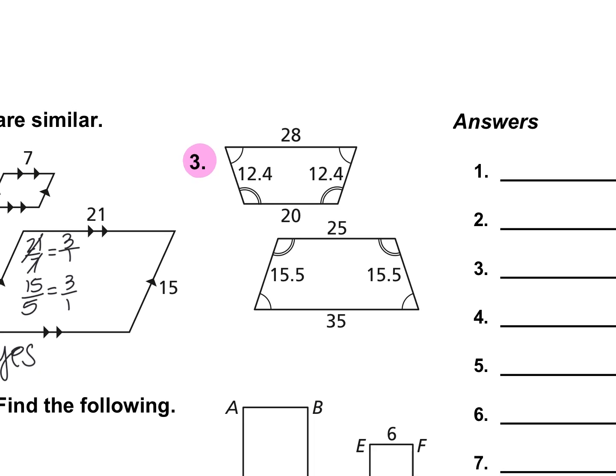I'm using my sides. So I have 28 over 35, and then I have 20 over 25. What's 28 over 35 simplify to? 4 over 5. And what about 20 over 25? So are these similar? Yes, they're similar.